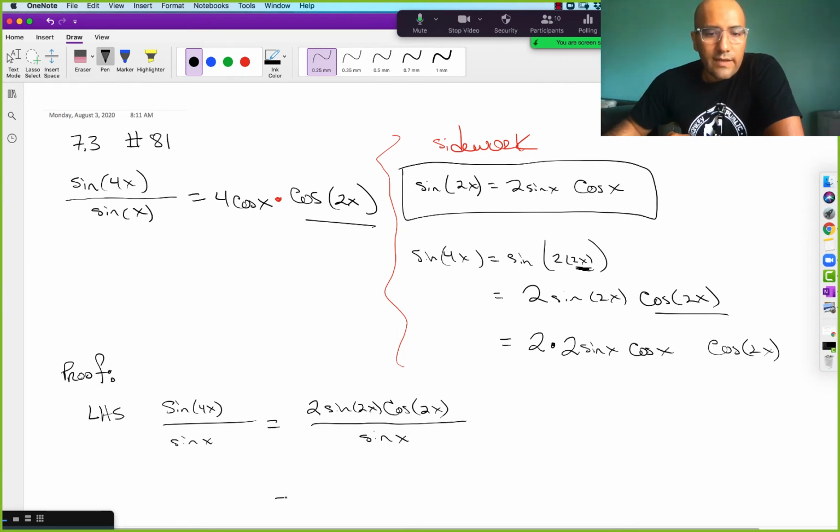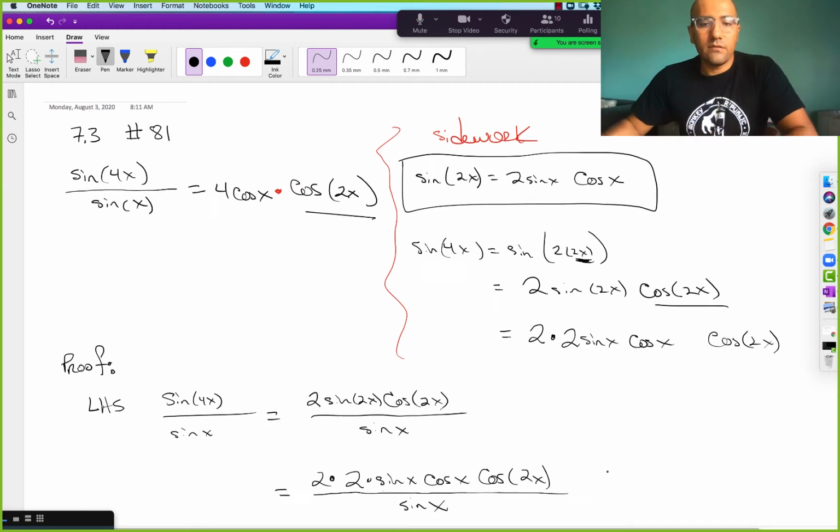Good. And now, applying that double angle formula one more time, I get 2 times 2 times sine x cosine 2x, and the whole thing is divided by sine x still.